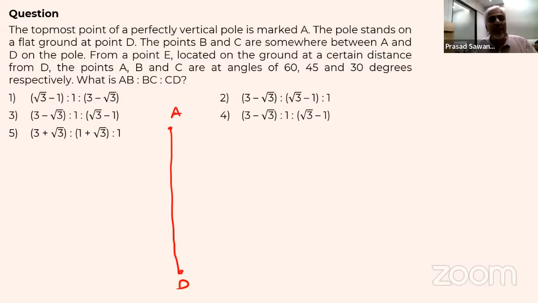From a point E located on the ground at a certain distance from D, the angles made are 60 degrees, 45 degrees, and 30 degrees.